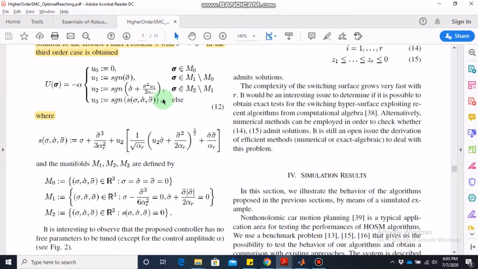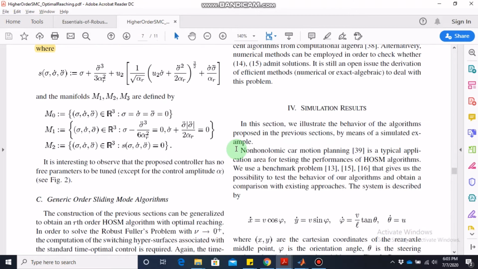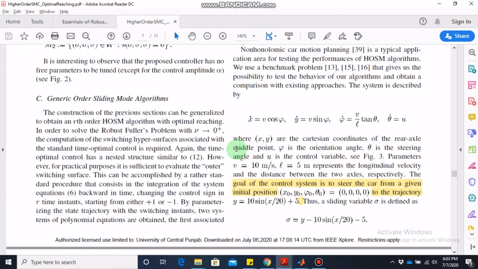So if you are in that part of M2 which does not belong to M1, then this control law will be applicable. Otherwise this U3 control law will be applicable, which is given by sine of this s function, a function of the sliding surface, the derivative of the sliding surface, and the second derivative of the sliding surface. So this is what we are going to simulate in MATLAB today.